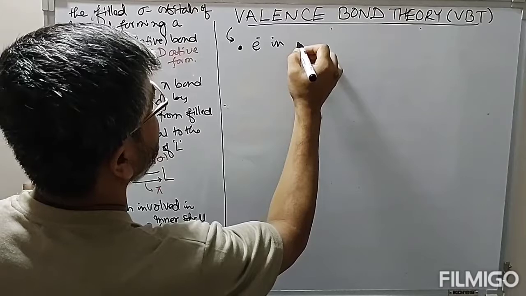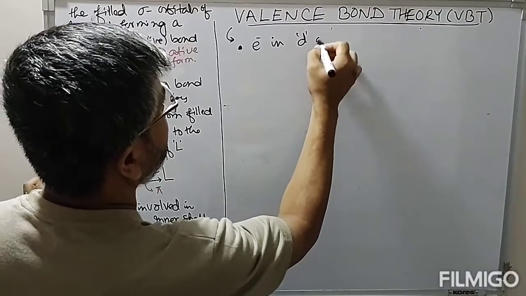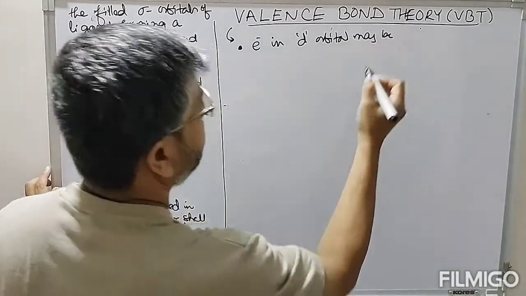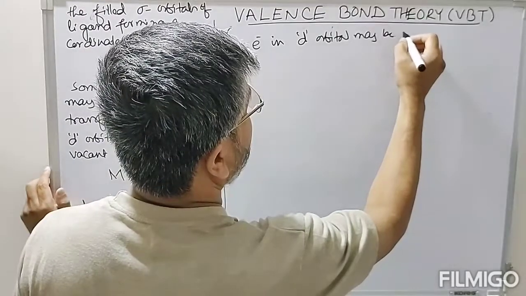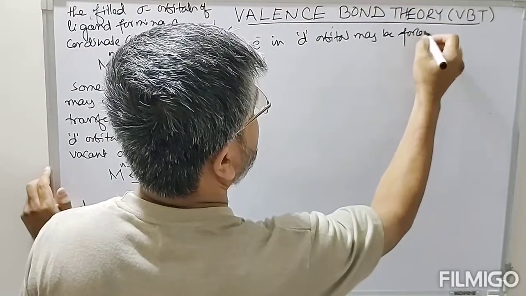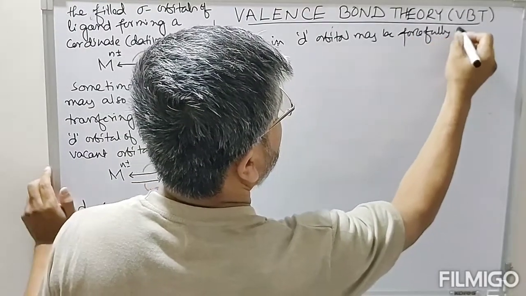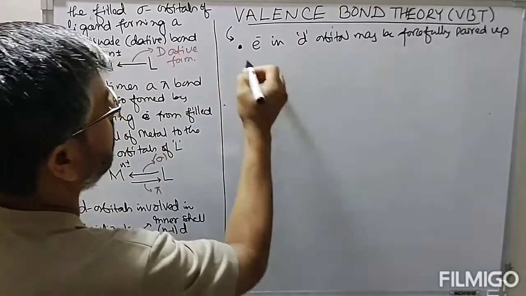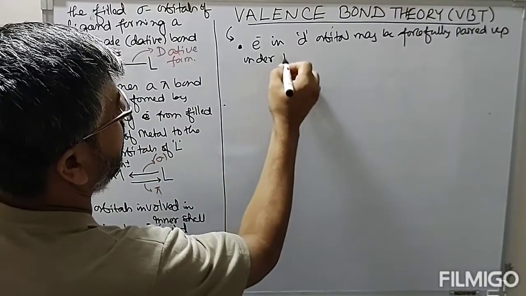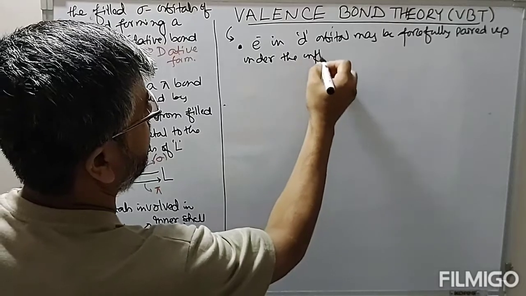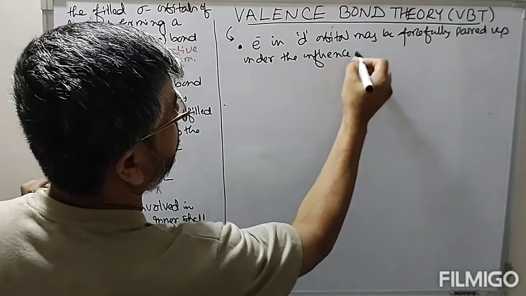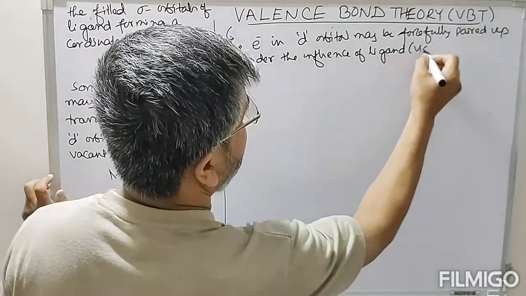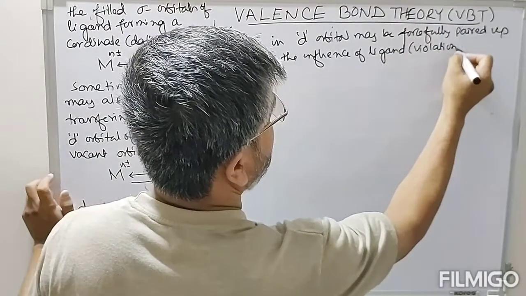Electrons in the d orbital may be forcefully paired off under the influence of ligand, that is, a violation of Hund's rule.